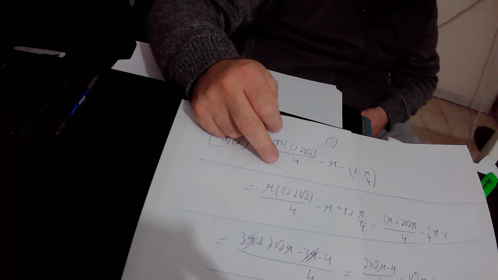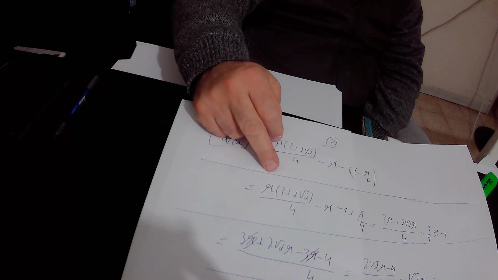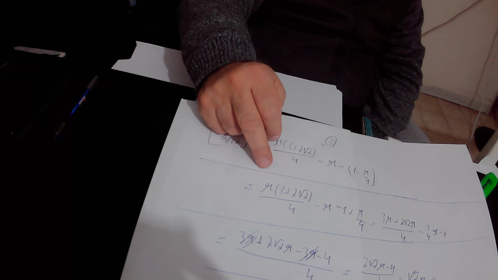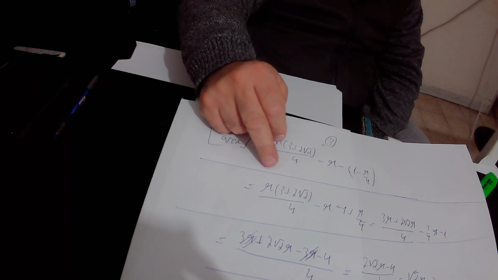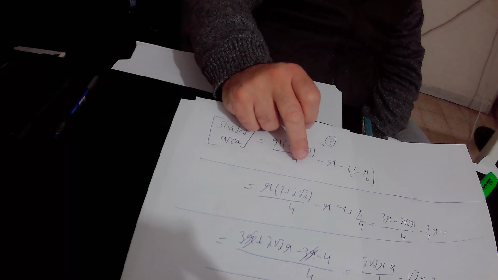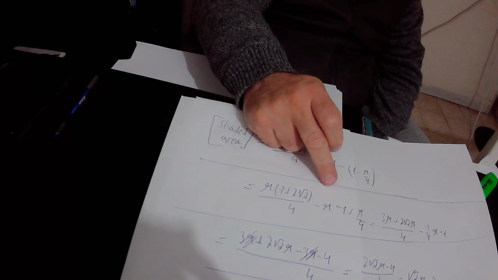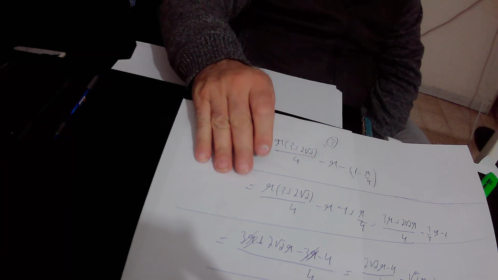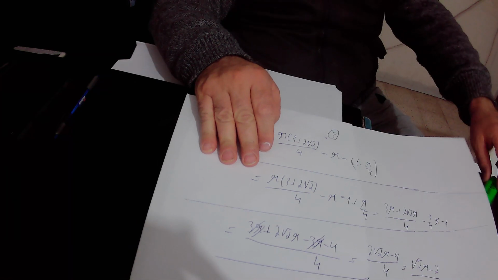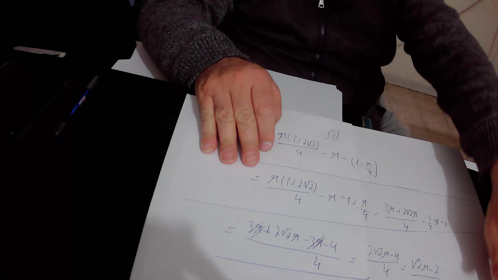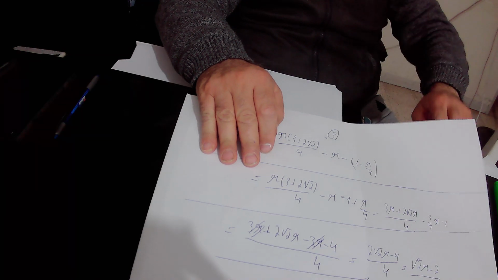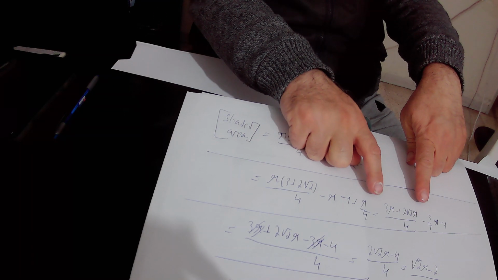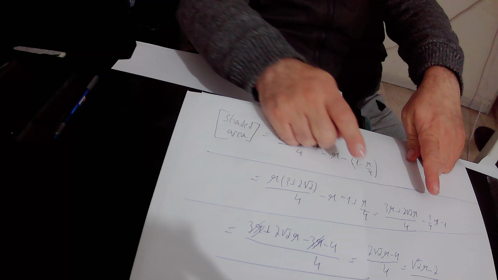So here we open the brackets, and pi times 3 is 3 pi plus 2 times square root of 2 times pi, and here we have minus pi plus pi over 4, which is minus 3/4 pi, minus 1. Here we multiplied minus 1 by 4 and then divided by 4 in order to have a common denominator with the other two expressions that have the denominator of 4.